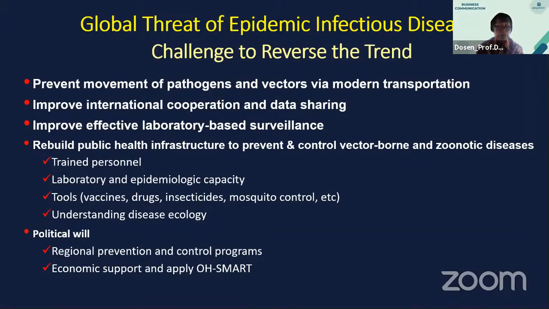We should apply the One Health SMART, One Health System Mapping and Analysis Resource Toolkit, so that we map the disease in their own region, and then we train the people in the region, and then anticipate the potential outbreak in the region.